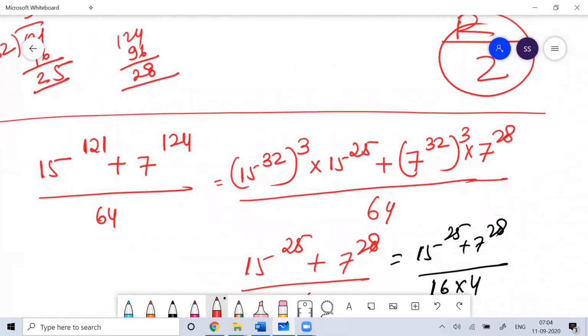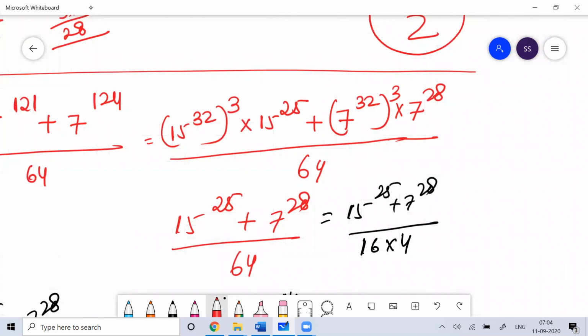I wrote this number as 16 into 4, so with 16 you get remainder 0, and with 4 you also get remainder 0. 16 times 4 is 64. So the answer for this problem would be 0 only.